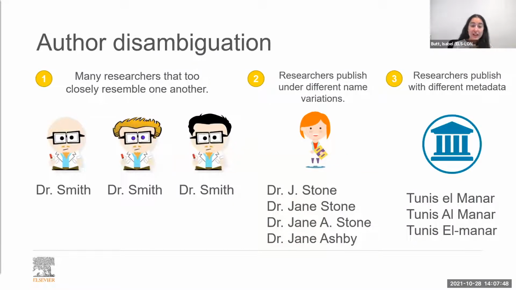The second challenge is when you think about a single author, sometimes they choose to publish under similar but slightly different name variations. So in this example, we're taking Dr. Stone. She might use variations of her name when she publishes in different journals with different requirements. Many journals actually just require the first initial, which makes disambiguation even harder.